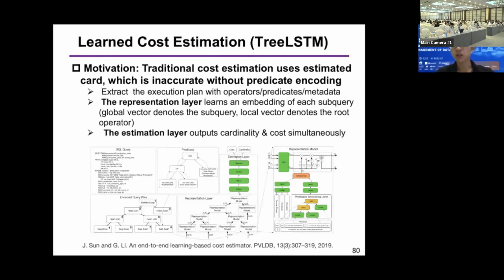So Sun has proposed an encoding learning-based cost estimator with a tree-structured LSTM that learns a representation for each subplan with physical operators and predicates and outputs the estimated cardinality and the cost simultaneously by using another estimation layer. Moreover, the method encodes keywords in the predicates by using word embedding.